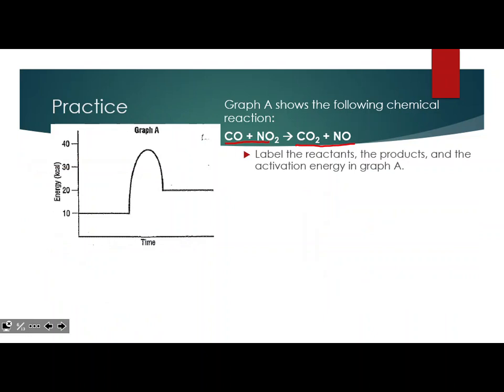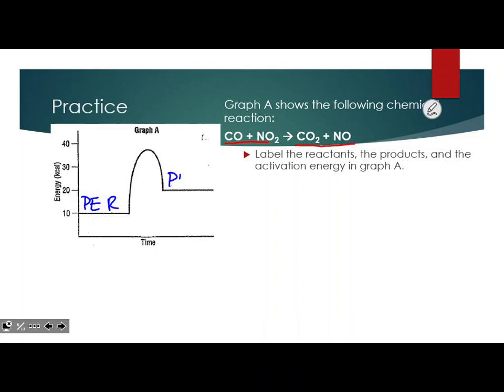First things first, label the reactants, the products, and the activation energy in the graph. So where am I going to label my reactants? The first flat line on the left here. So all I'm going to do is put PER, abbreviated, potential energy of the reactants. Where is the energy of my products?